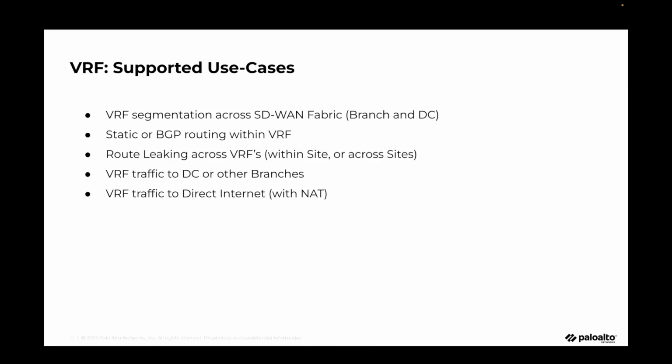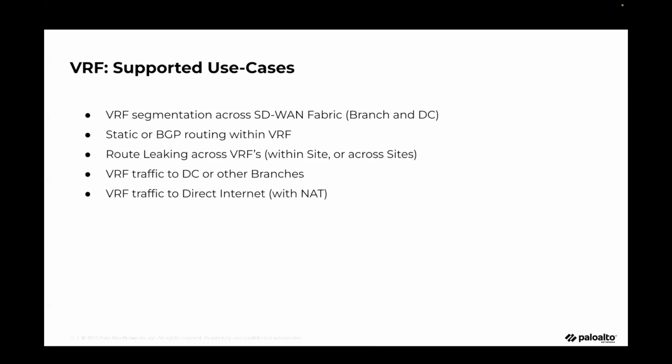So with the VRF capability, you can now insert SD-WAN into your existing VRF-based deployments. And this will also now support overlapping IP address space across branches. And will also help in M&A scenarios where a customer acquires another company and there is overlapping addresses. So by the use of VRF, we can provide the ability to have SD-WAN deployed at both companies.